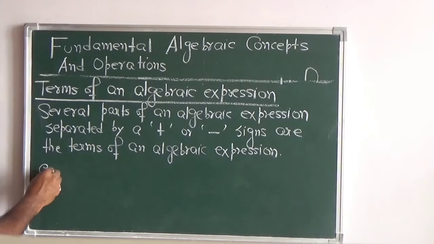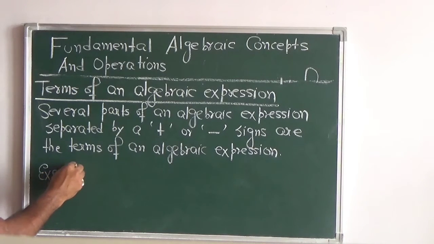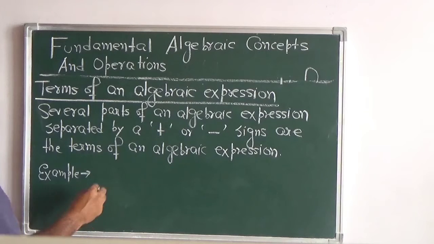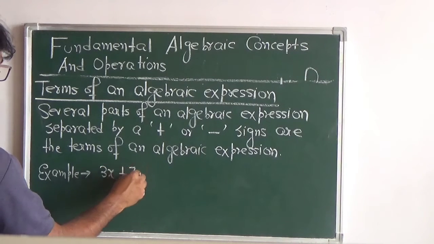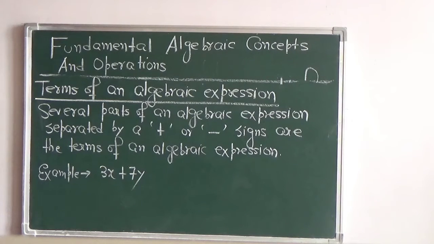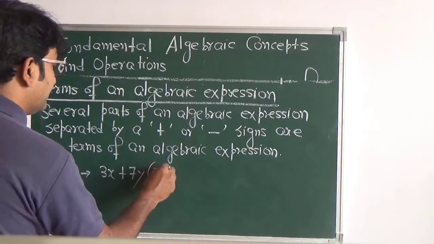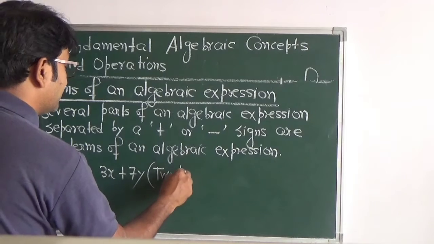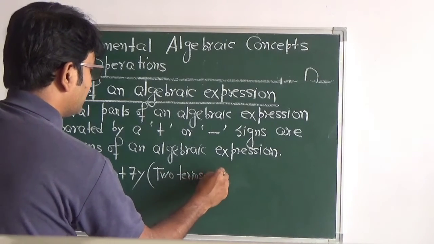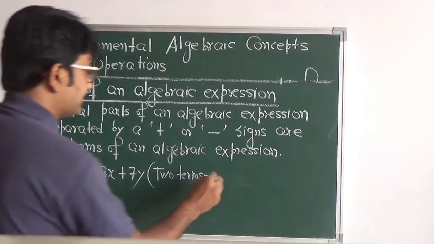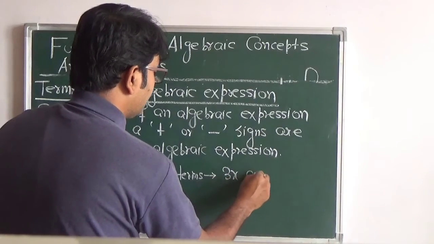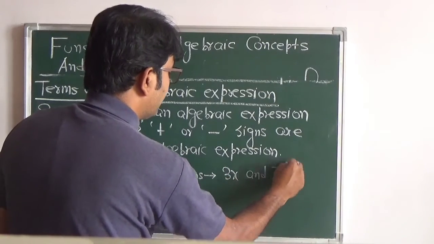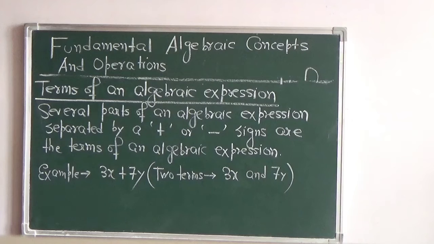For example, if we write 3x plus 7y, this algebraic expression contains two terms. What are those two terms? One is 3x and the other is 7y, and these two terms are connected by the operator plus.